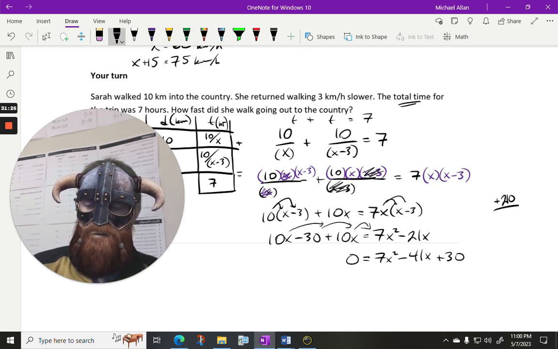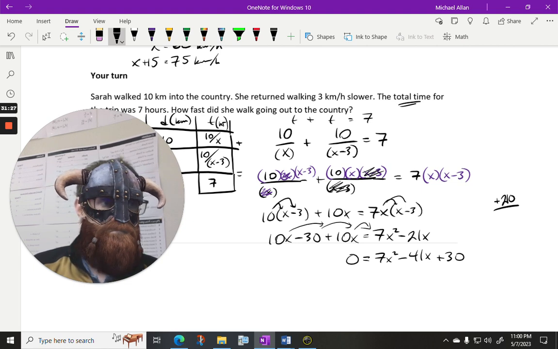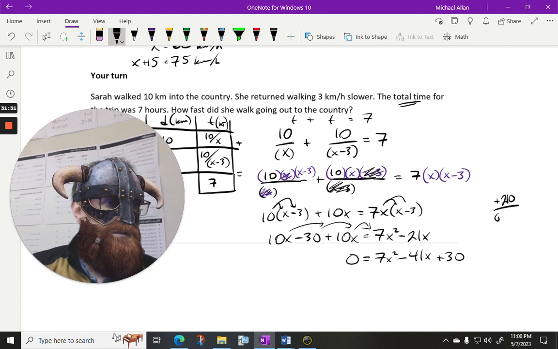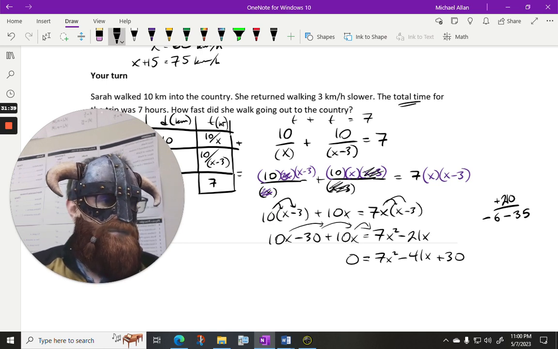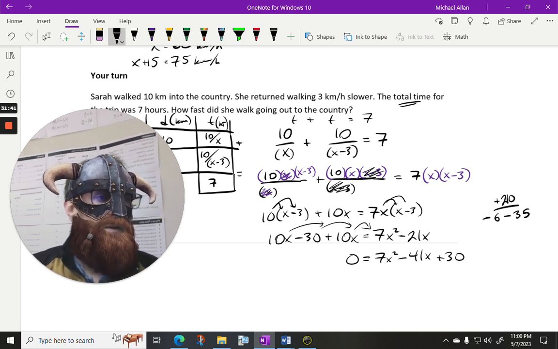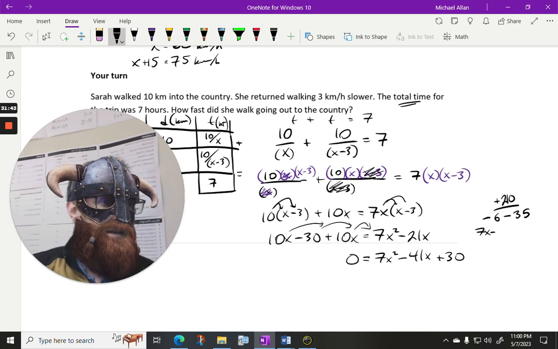No. 210 divided by 6? Yeah, 210 divided by 6. So 6 and 35, but they're both negative, because two negatives will make this positive, because it's got to add to a negative. That adds to negative 41. Sweet. So we got 7x minus 6, and then 7x minus 35.